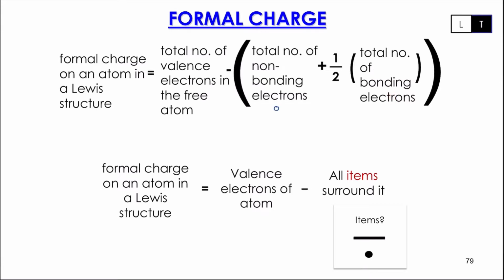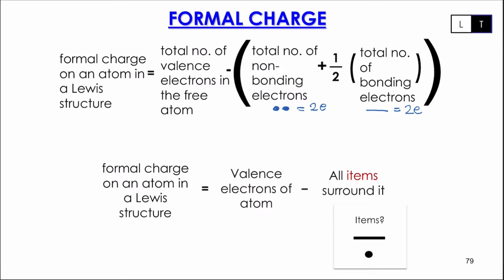So one lone pair kita ada 2 electrons. And for number of bonding electrons, kebiasaannya bonding pair kita akan lukis dalam bentuk satu baris macam ni. It equals 2 electrons as well. So ini adalah the general formula untuk calculate formal charge.